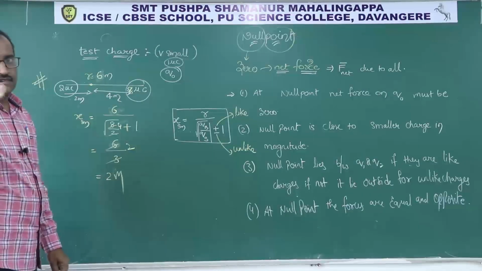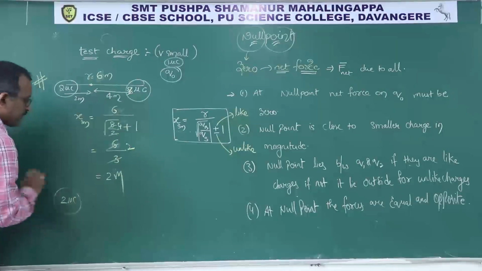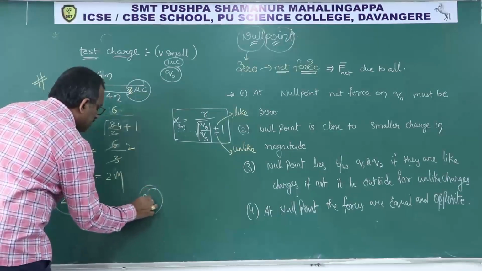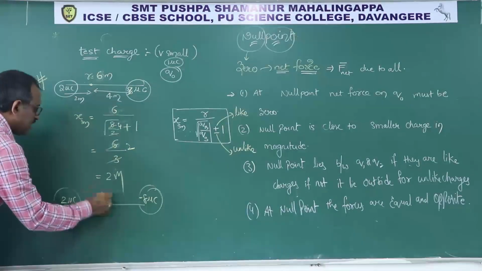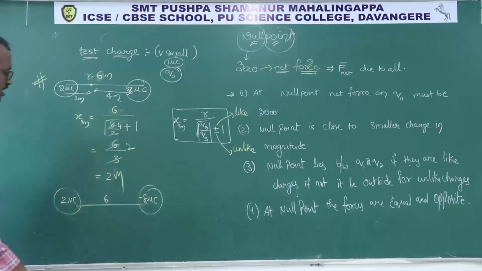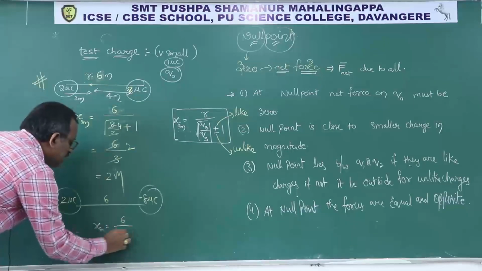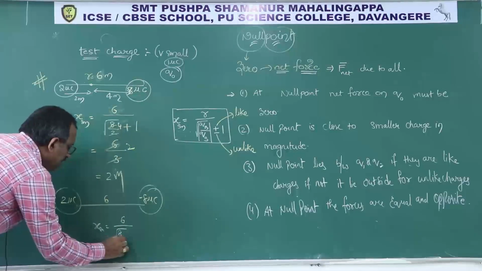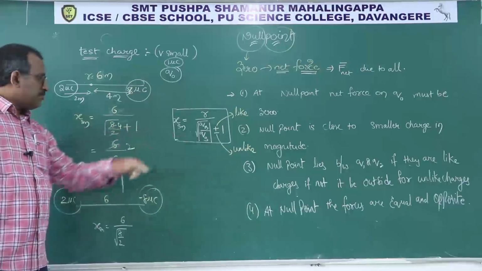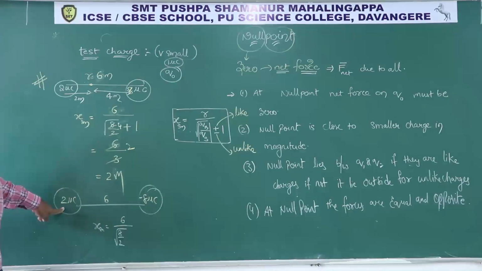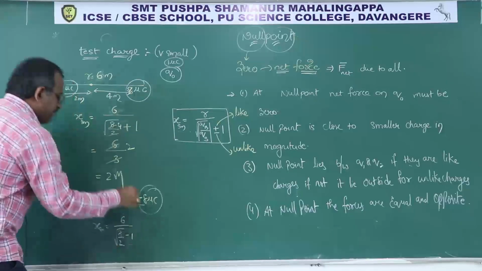If I ask the same question taking minus 8, listen carefully. So let me do: this is 2 microcoulomb and this is minus 8 microcoulomb. The separation is 6 once again. Then you tell me, if I take minus 8, what will happen? X smaller is equal to D, 6 by under root 8 by 2 only. I said you should take magnitudes only, but these are unlike charges, so this will be minus 1.